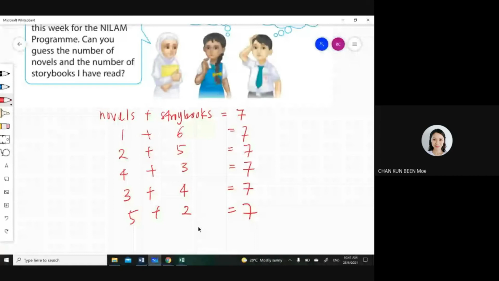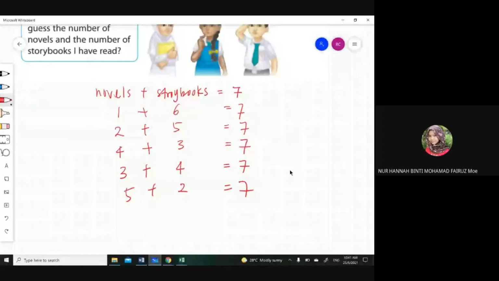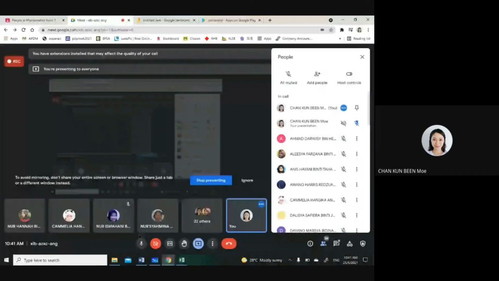Any more combinations? 6 novels and 1 storybook. 6 plus 1, 7. Who is the first one that got the answer just now? Who is the second one? I give a point to both of you.